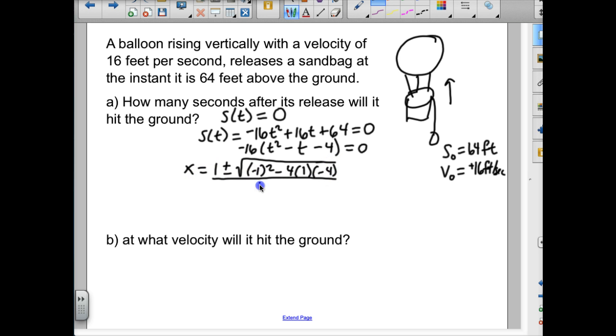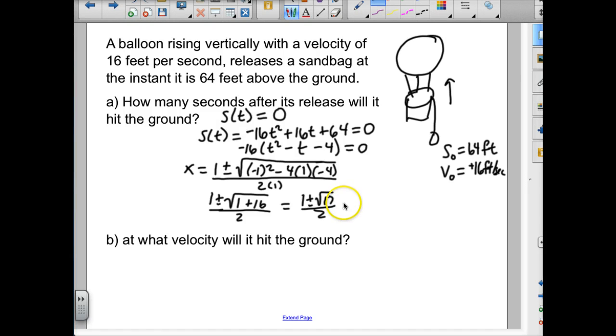All over 2a. So we get 1 plus or minus the square root of 1 plus 16 over 2, which is 1 plus or minus the square root of 17 all over 2.